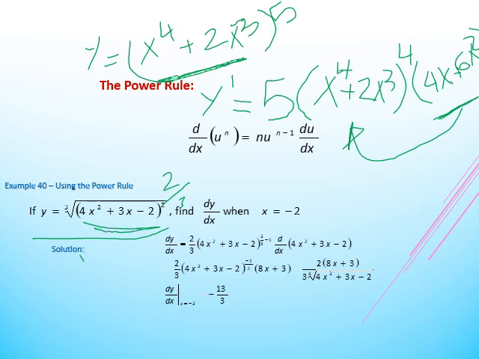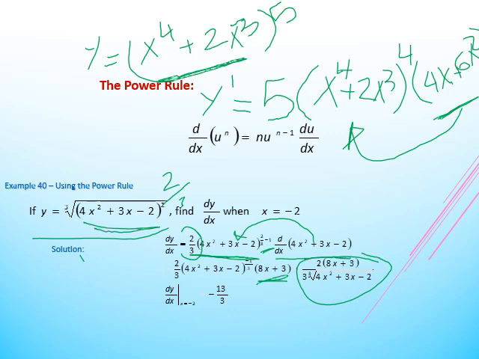And then the 2 over 3 comes down, not changing anything inside, with the power 2 over 3 minus 1, then differentiating what is inside the brackets, 8x plus 3. And the final form for our calculations is this form.